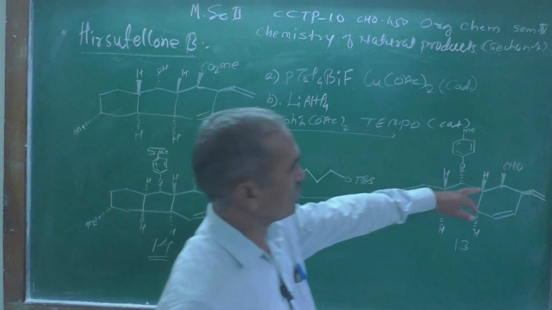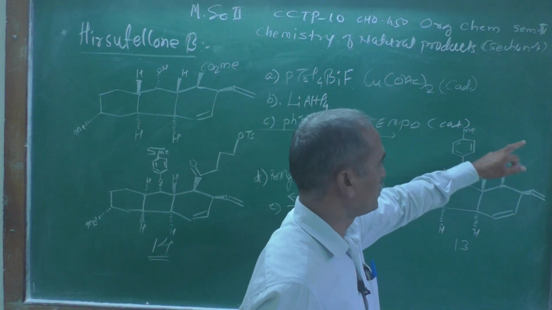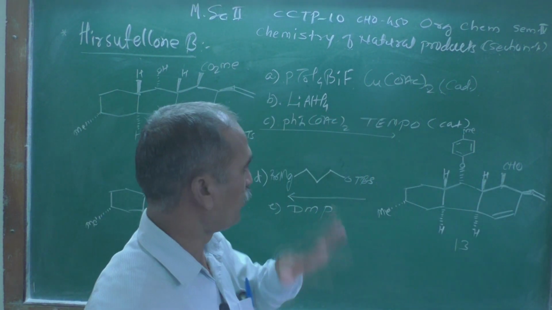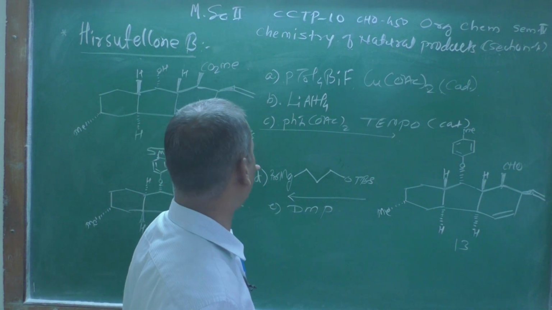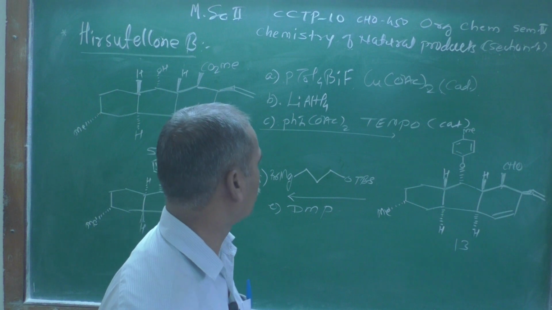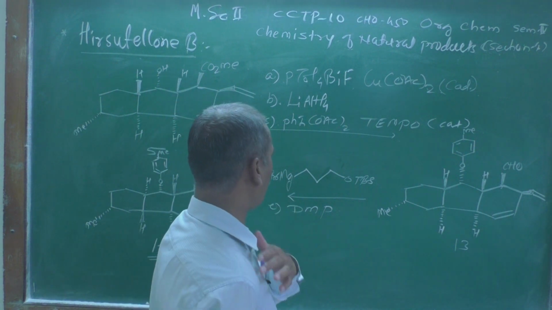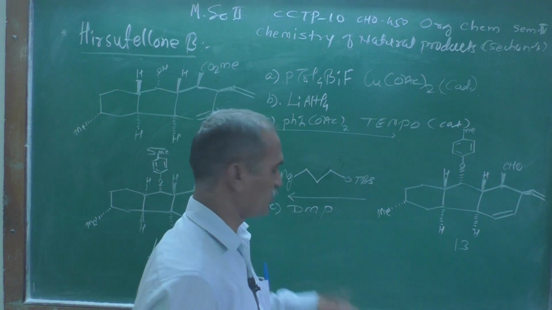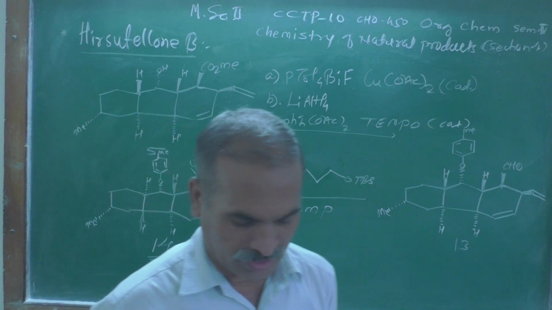So what are the changes? Only this is a reaction center where the new carbon-carbon bond is formed, and we are getting suitably this compound after adding the Grignard's reagent and DMP over there.